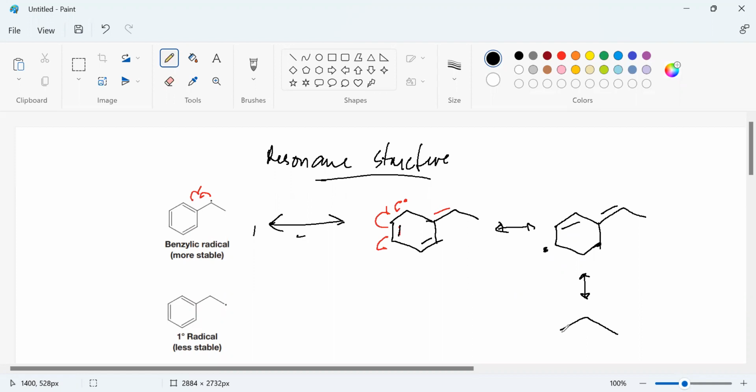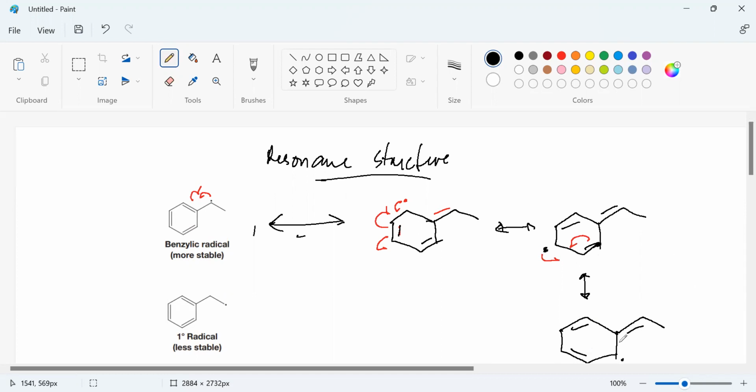You try to move, form a bond here, one arrow and another arrow. So what you get is a double bond, and a double bond, and a dot.